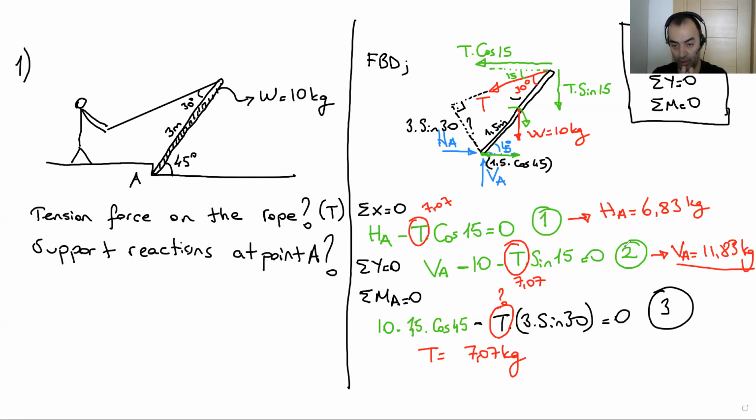We did it, as you can see in green at the top, T cosine 15, T sine 15. After that, we applied equilibrium equations: total X, total Y, total M0. We get 3 different equations.